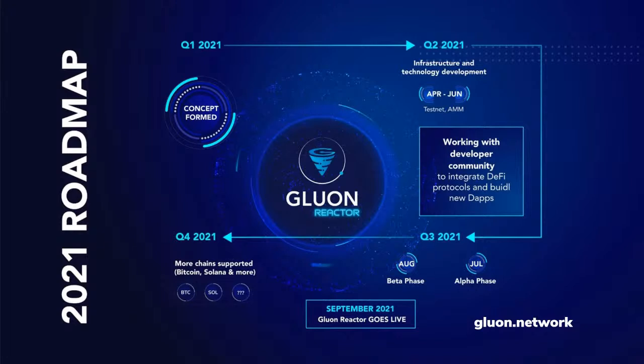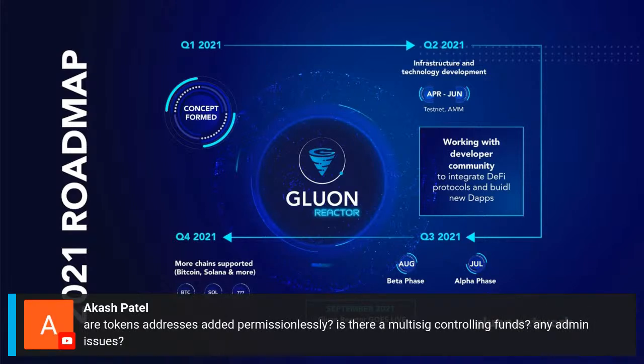Right. Yeah, that's correct. And I want to address this question about whether there is a multi-sig controlling funds. The funds are actually held using threshold signatures. So it's essentially the same thing that REN and Thorchain are using. The testnet nodes collectively control the access to the funds.